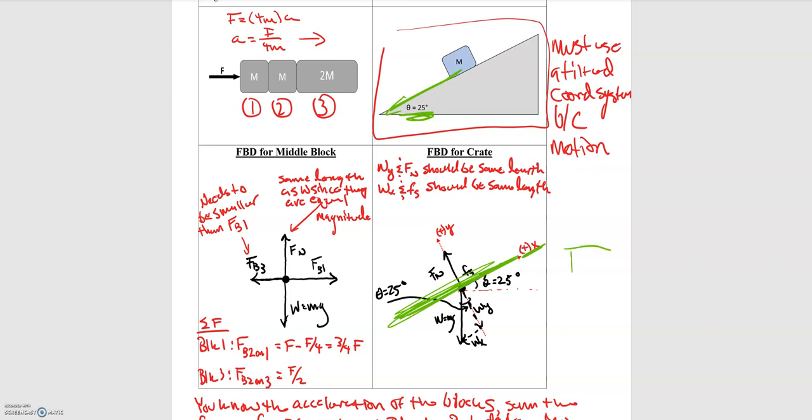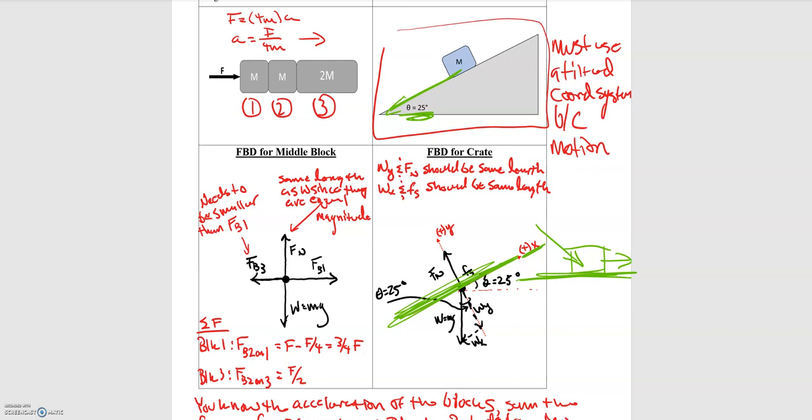Say I have a block like this along level ground, and I apply a force downwards. Should I tilt my coordinate system? In your head, what you should be thinking is no. This block is going to move, if it does move, along this horizontal plane.